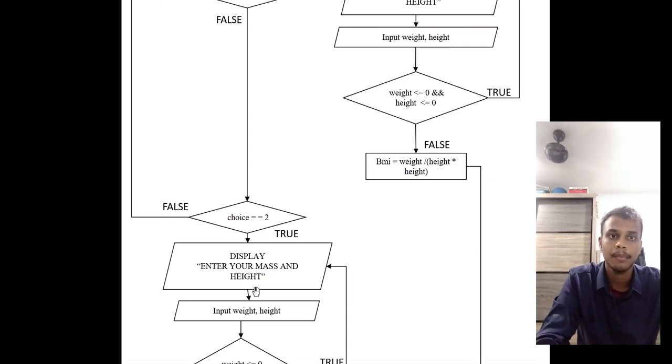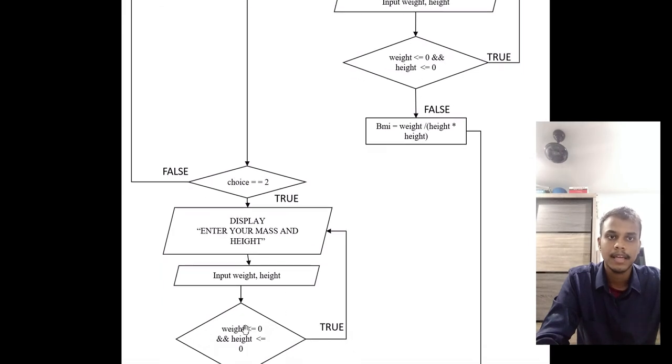Now if the user enters 2 as their choice, it will display "enter your mass and height." The user enters their weight and height in pounds and inches. Now we check the weight and height. If they are less than or equal to 0, we accept it as a true statement and ask the user to enter their mass and height again.